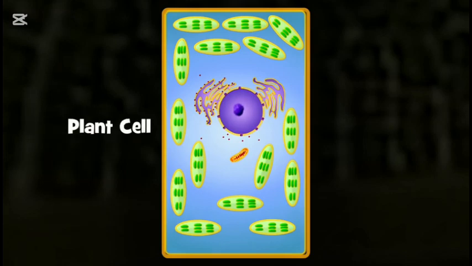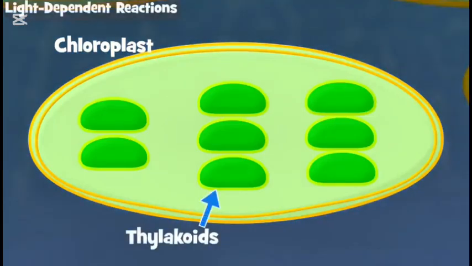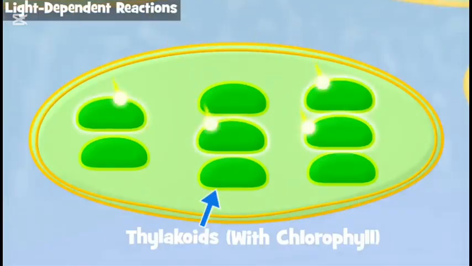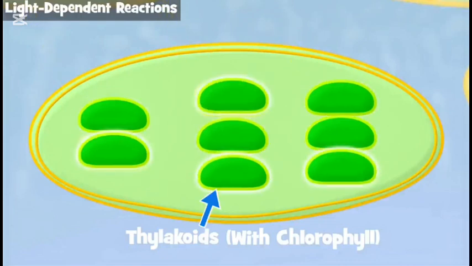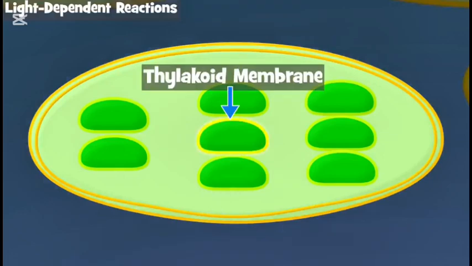Now look at the animated video. This is a plant cell from a leaf, and it has many organelles. The name of that organelle is chloroplast, and inside the chloroplast there are important structures known as thylakoids which capture the sunlight because they have chlorophyll inside their membrane.